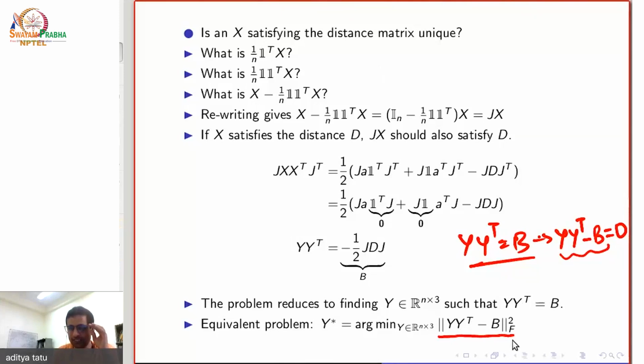Are you familiar with this notation, everybody? This F, it stands for Frobenius norm. Anybody who is not familiar with this? Do you want me to explain what this Frobenius norm is? No replies. Are you all hungry so early? Are you all familiar with Frobenius norms? Should I assume that, or do you want me to explain it?